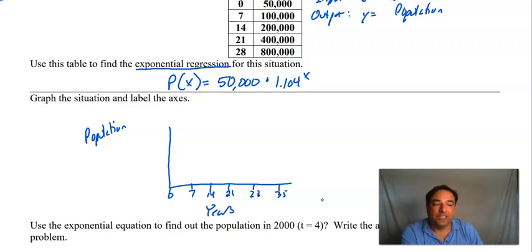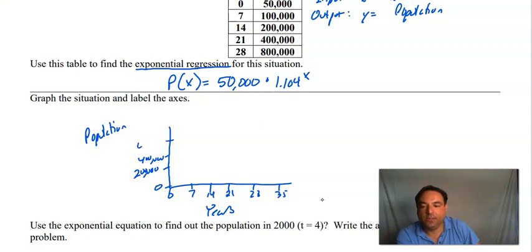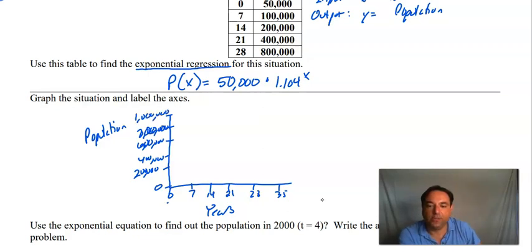Notice the population starts at 50,000 and goes to 800,000. So maybe start at 0, maybe count by 200,000s, and go up to 1 million. So my x-axis is going to go from 0 to 35, counting by 7s.